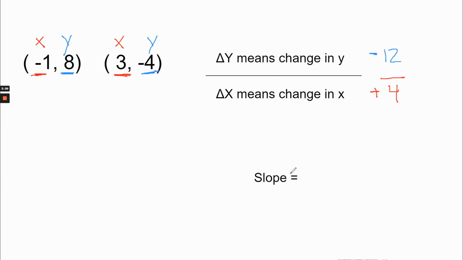So now to find our slope, you can reduce this. 12 over 4 can reduce to 3 over 1, and we still have our negative sign. 3 over 1, we can just write as -3.